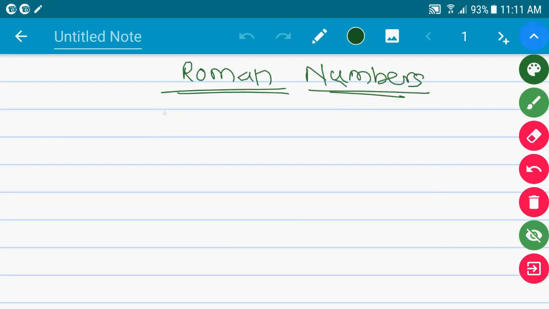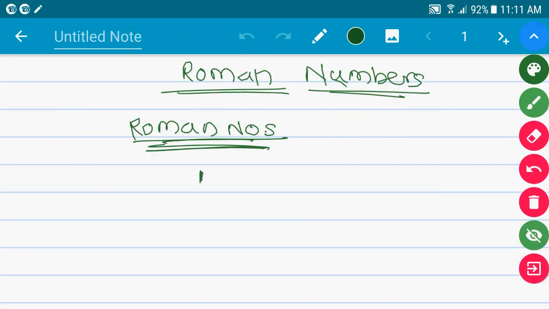So first you just have to keep in mind the following Roman numbers which are very important, and all the numbers are based on these numbers only. This one standing line, we say it as I, and it represents the number 1 in our Hindu Arabic system.